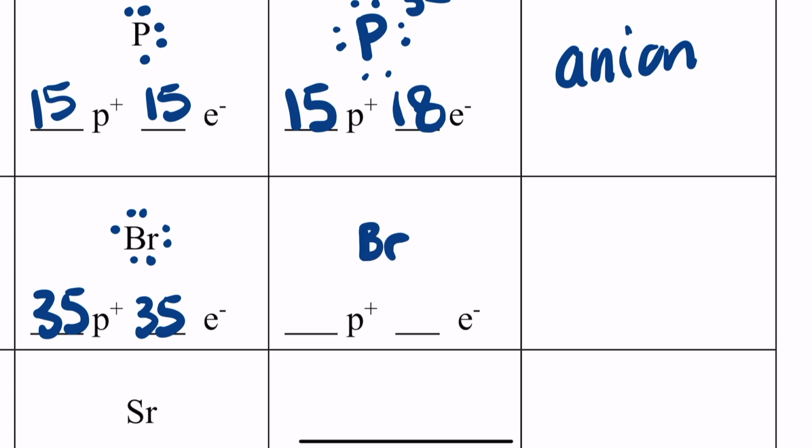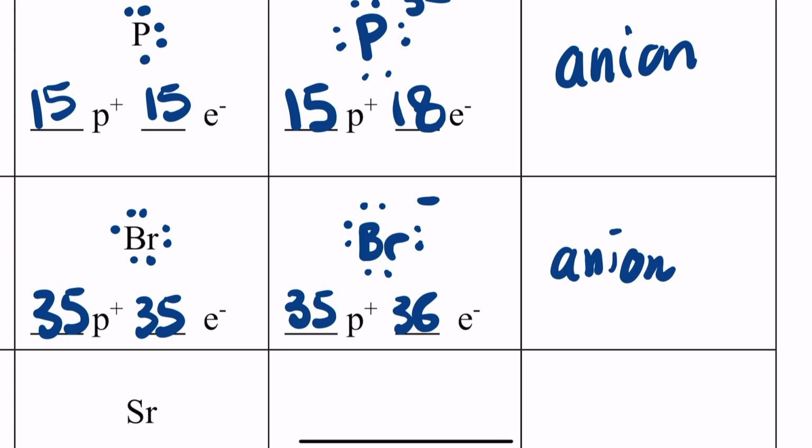Bromine, whenever it ionizes, does want 8 electrons. So we're probably going to gain 1 electron and have a total of 8 dots around this ion in the Lewis dot drawing here. And we'll have a 1- charge in the top right, giving us a total of 35 protons and 36 electrons. The negative charge making this an anion.